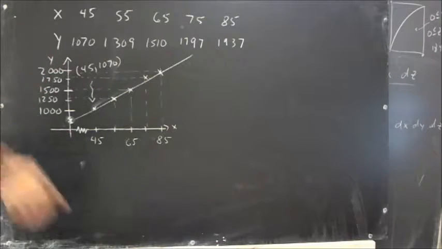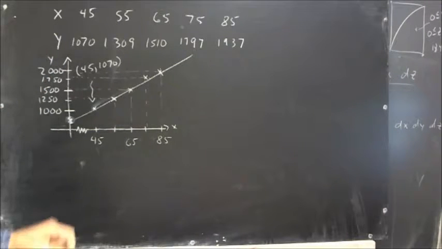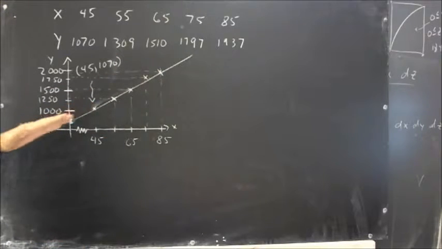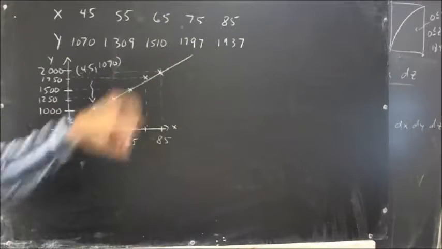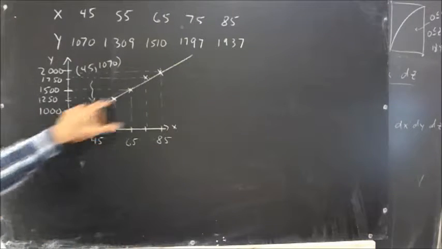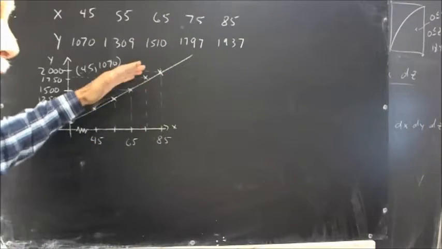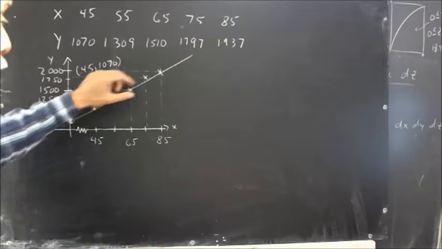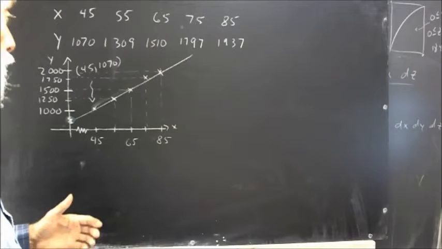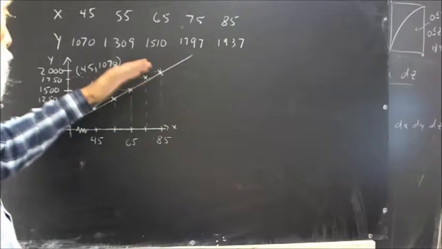But one thing I absolutely do not do in drawing a scatter diagram is go through the first point and go through the last point, unless that happens to get me right through every other point. You want to adjust this line so the average distance between the line and the points is as low as possible. Okay, so this line should probably adjust up a little bit.